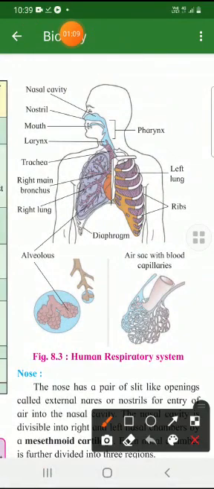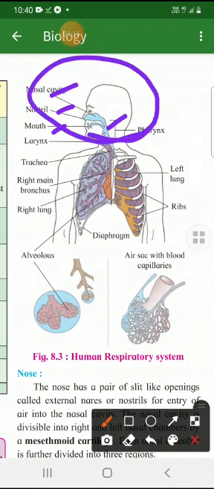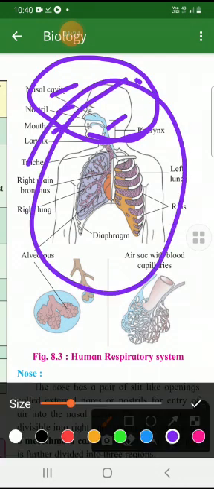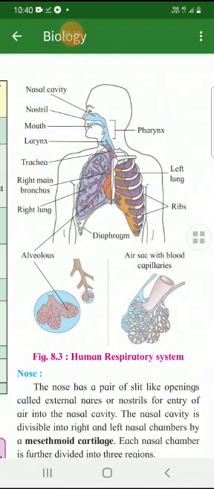When you see here the nasal cavity, nostril, mouth, pharynx, this will be the upper respiratory system, the upper part of the respiratory system. The respiratory system is the total, right? So this one was the upper. Let's just repeat it once again.